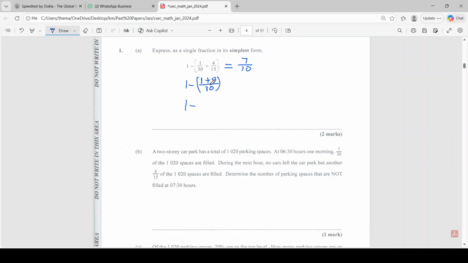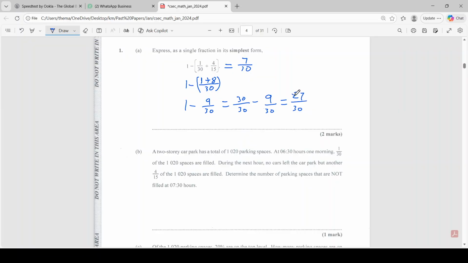So we get 1 minus 9 over 30. 1 over 1, which is the whole, becomes 30 over 30, minus 9 over 30, which is 27 over 30.